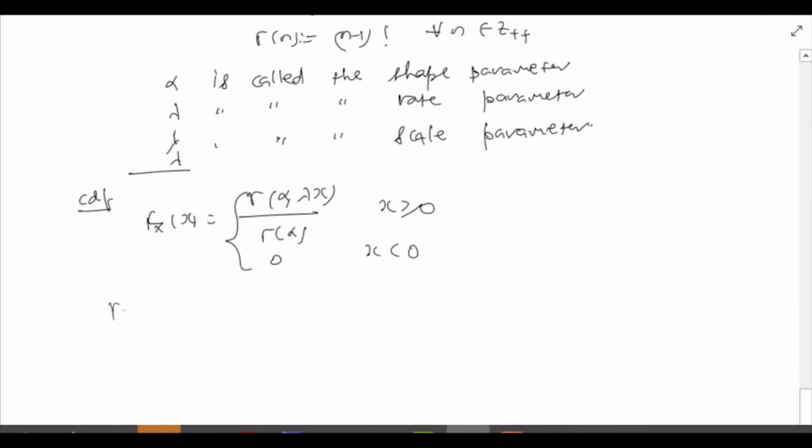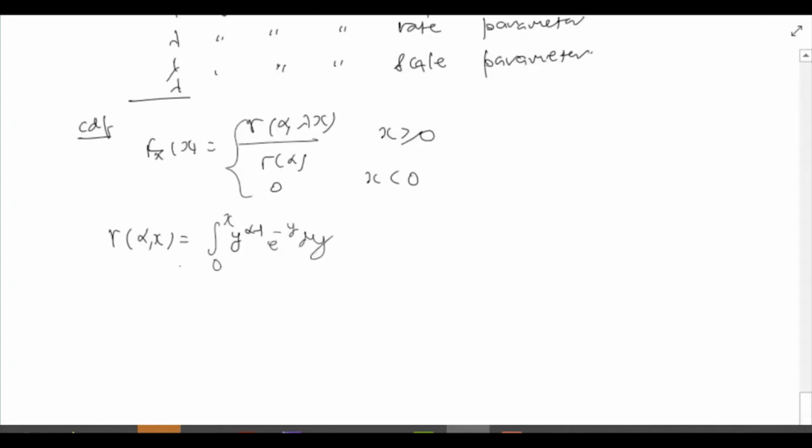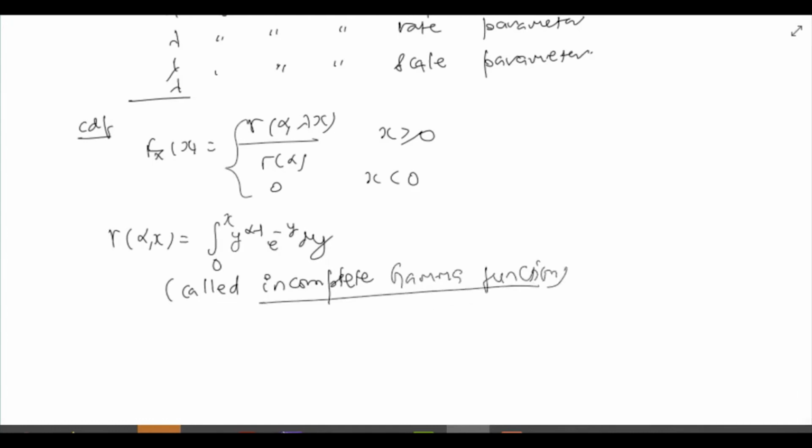Here the function small gamma (alpha, x) is the integral from 0 to x of y raised to alpha minus 1, e raised to minus y dy, and this function is called the incomplete gamma function. The expression of CDF for the non-negative values of x, this expression itself, is called a regularized incomplete gamma function.